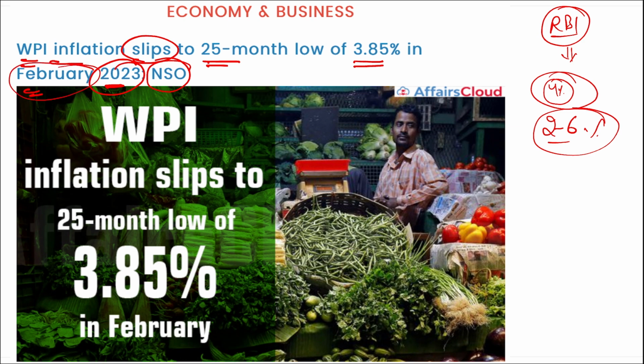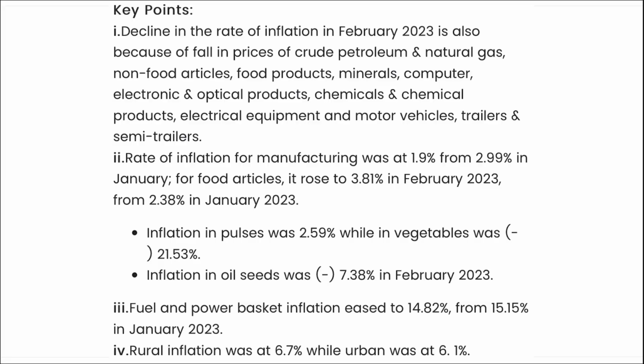So for the February month, the Wholesale Price Index declined to a 25-month low of 3.85% in February 2023. The inflation was at 4.73% in the month of January. And remember, in the previous year, that is in 2022, in February month, it was 13.4%, and now in 2023, it is just 3.85%.